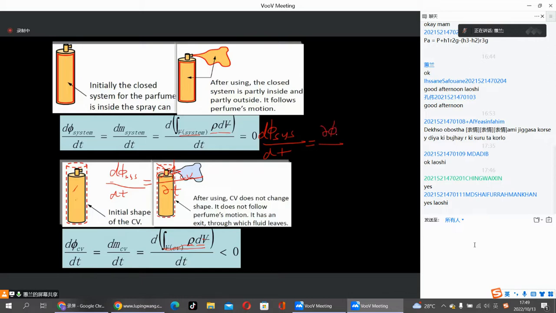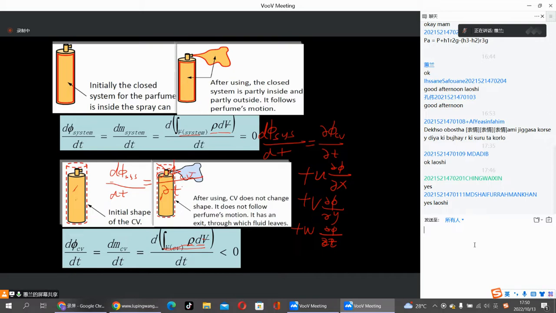Some stay inside the spray can, some go out of the spray can. What goes out, we know, should be the convective term, right? That would be the total mass of the system. So that's why we have two parts.